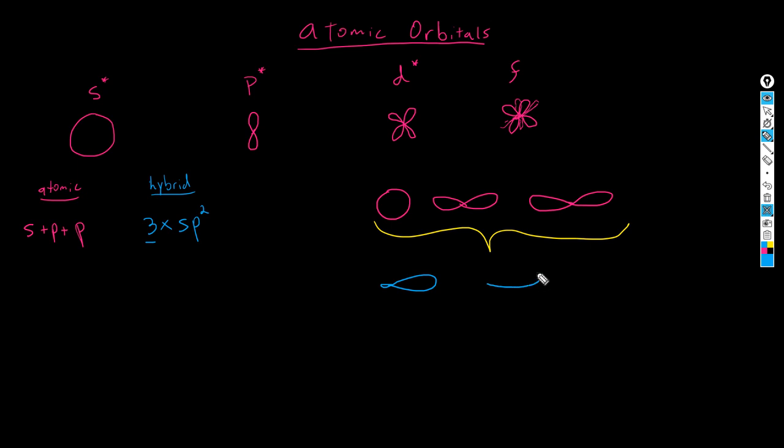So we will form 3 of these hybrid orbitals, which we call sp2 hybrid orbitals because they're made from one s and two p orbitals.